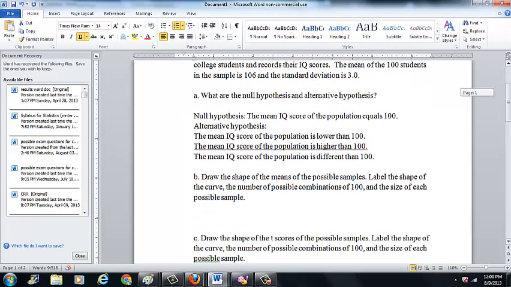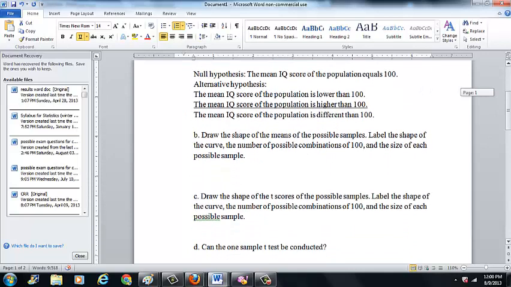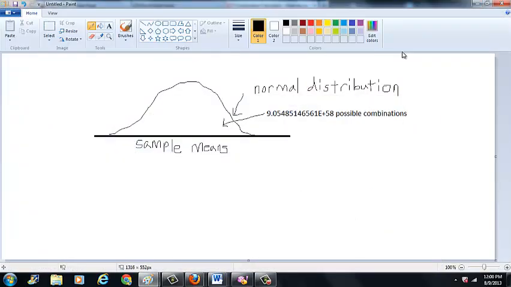What else does the question ask for? The size of each possible sample. We've selected a sample of 100 people, which means our sample is one of these combinations of 100 inside of here.